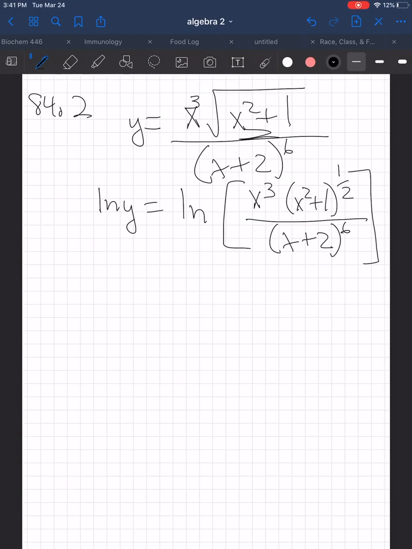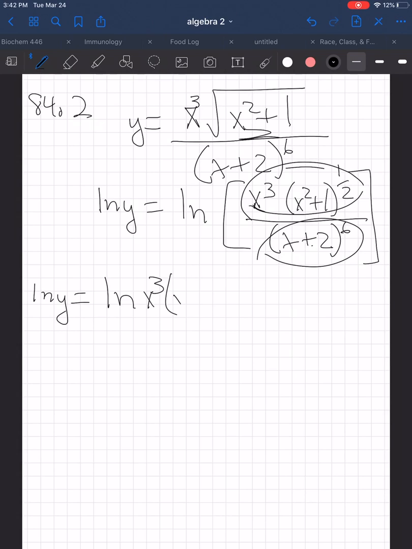First things first. ln of y equals, this is divided by this, so it's going to be these subtract this one. So ln of x cubed times (x squared plus 1) to the 1/2 minus ln of (x plus 2) to the 6th.